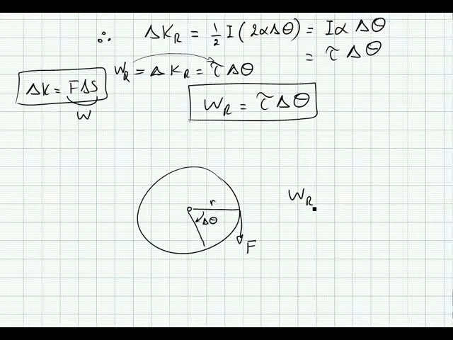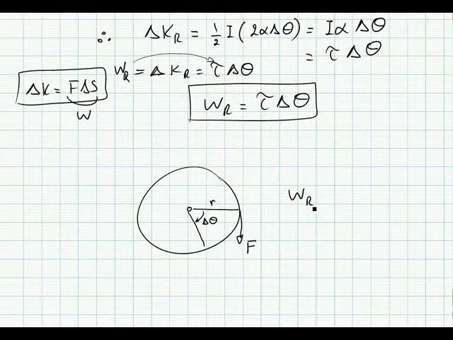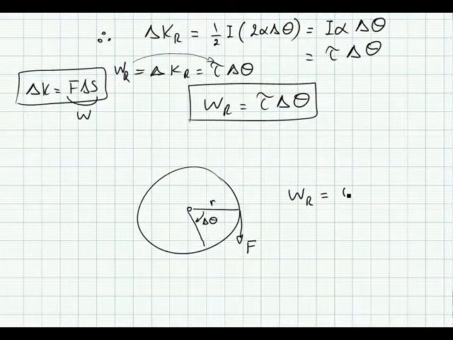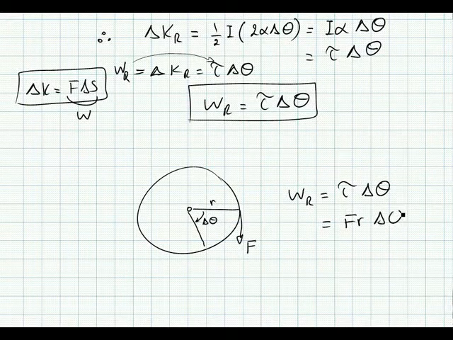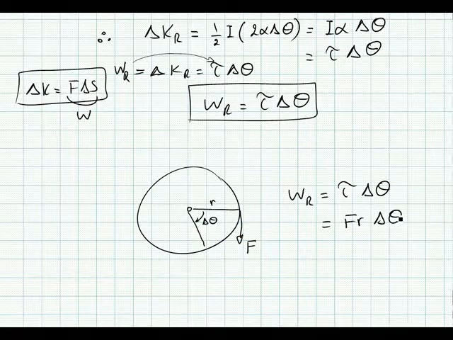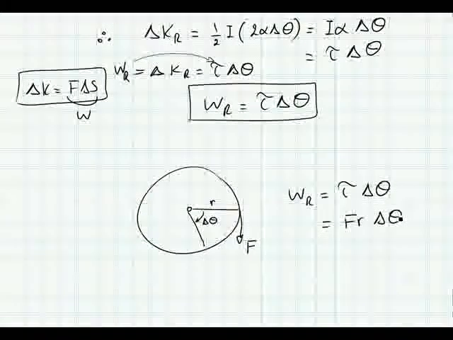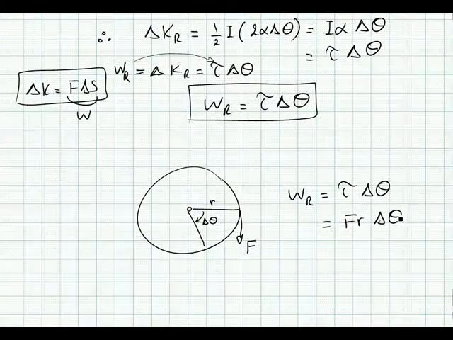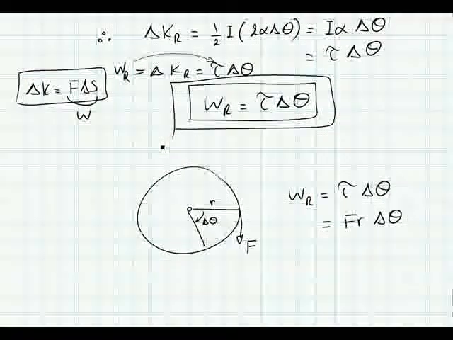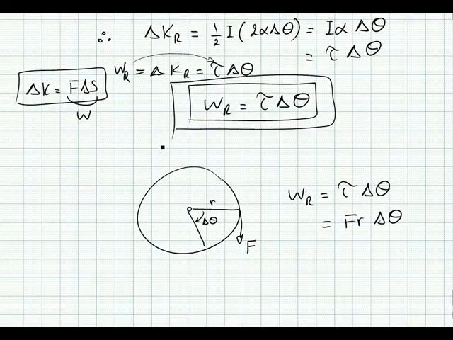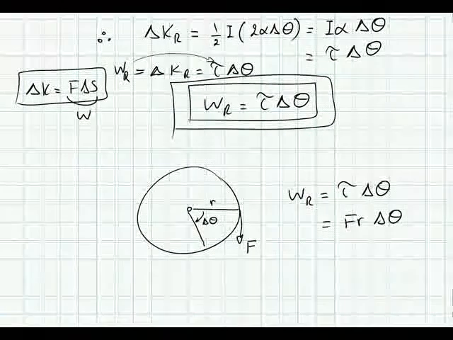Then work done to rotate the disk is given by torque times delta theta, torque being F r times delta theta. So you can go ahead and calculate the amount of work and then relate it back to its change in kinetic energy, etc. So it's a useful expression to bear in mind in solving problems.